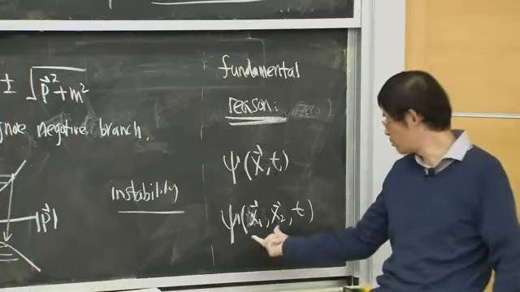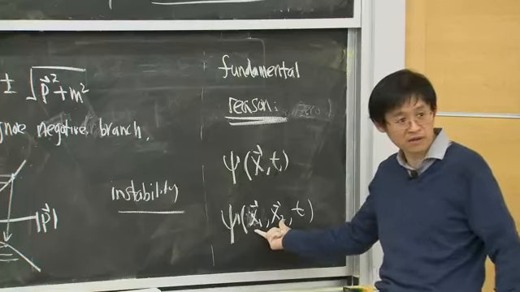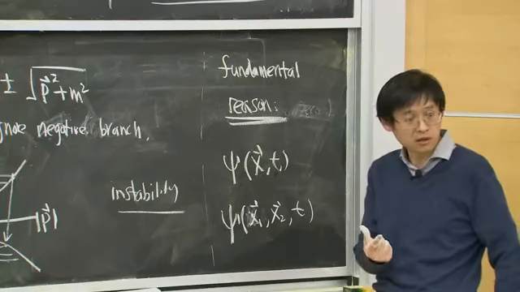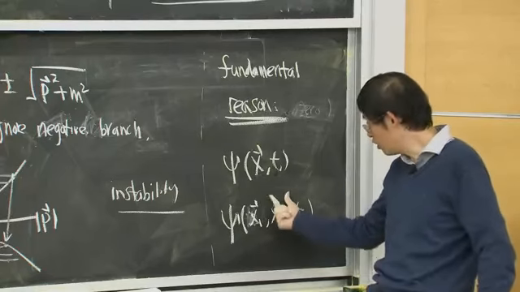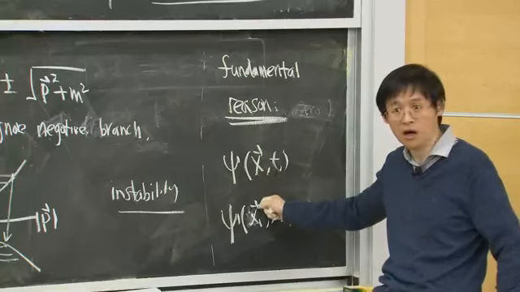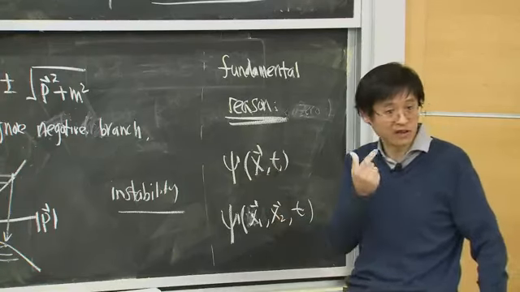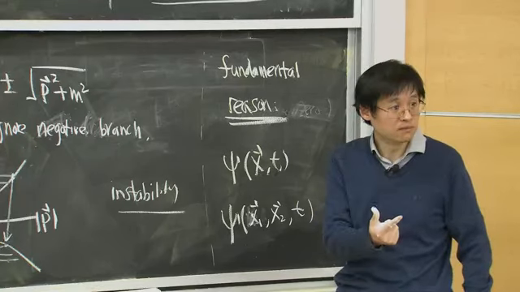So this describes two particles. And if you want to describe three particles, then you have to introduce more x. Remember that's what you did in non-relativistic quantum mechanics. In non-relativistic quantum mechanics, this makes sense, because there's no mixing between the different branches, say single particle, two particles, because particles cannot be created and destroyed in a non-relativistic system.